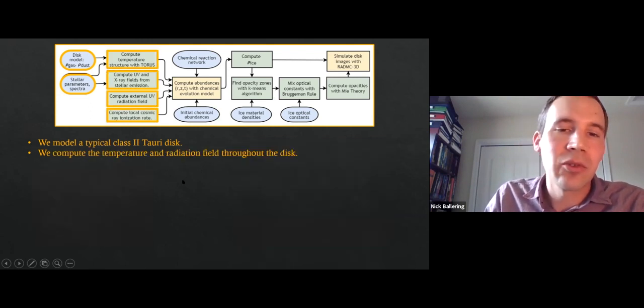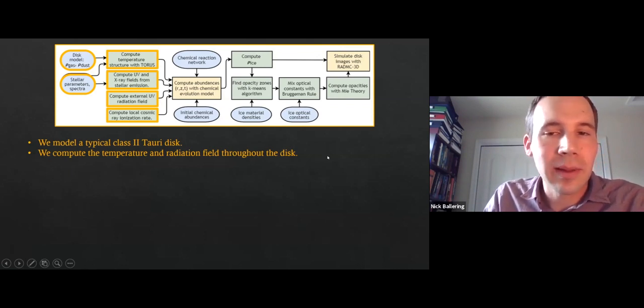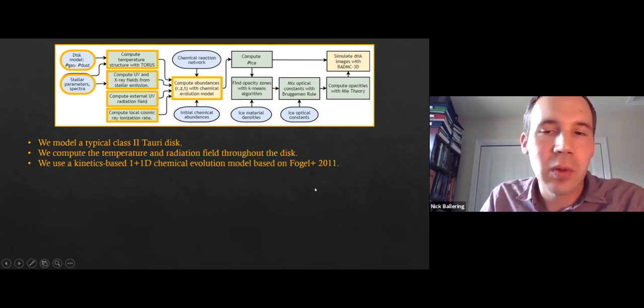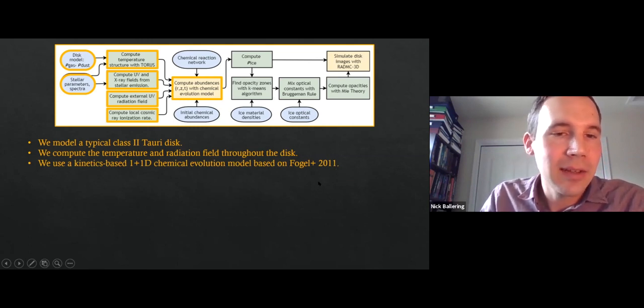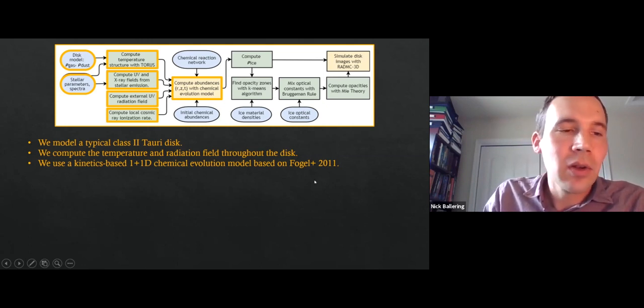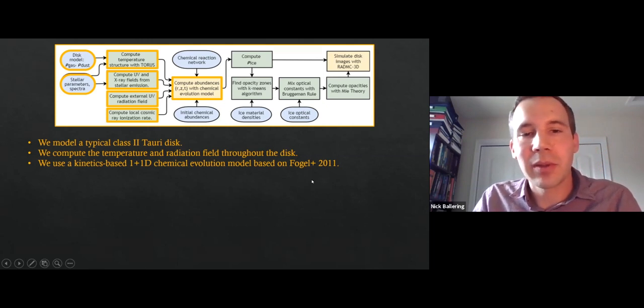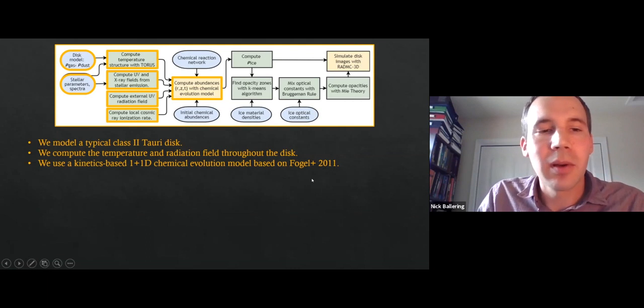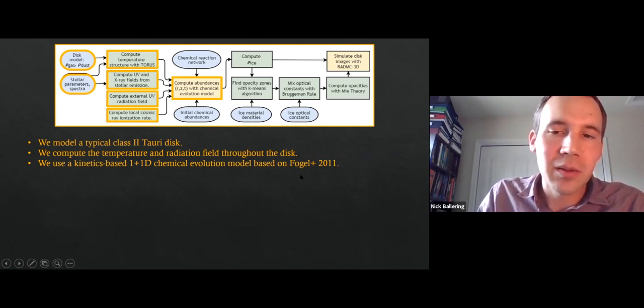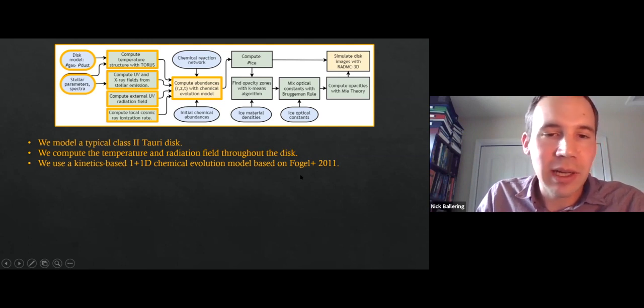Then we compute the temperature and radiation field throughout the disk, which are required ingredients for the chemical model. The chemical model itself is based originally on the work of Fogel from 2011. It's a kinetics-based model, so it uses known chemical reactions with rate coefficients, and it evolves the abundances forward in time based on that reaction database.